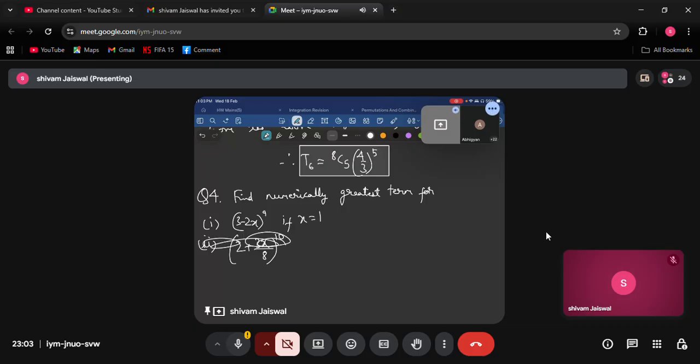Find the numerically greatest term for (3 minus 2x) whole to the power 9 for x equal to 1. Question number 5.